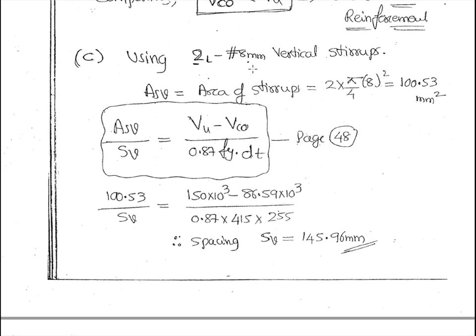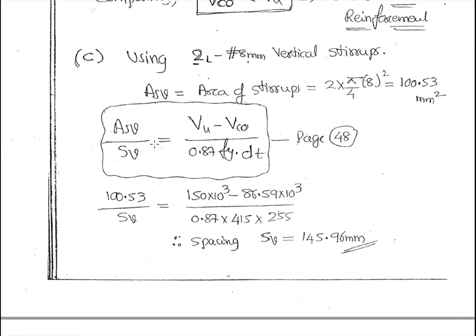To make this problem even easier, we assume two-legged 8 mm dia bars for stirrups. If we keep this constant, we can calculate the spacing more easily.